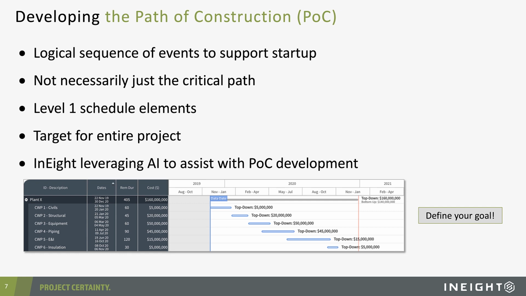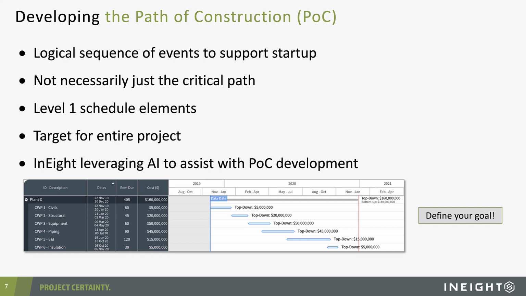There may be path of construction elements that are non-critical from a duration driving perspective and a float perspective, but they are absolutely needed in order to achieve project completion. So typically, path of construction elements are defined in a CPM schedule at level 1, so really the highest level. And what I would suggest is think of your path of construction as your baseline. It's the thing you are marching to as you detail out your project.